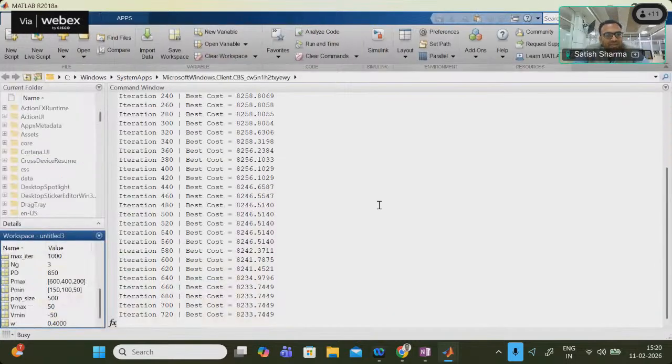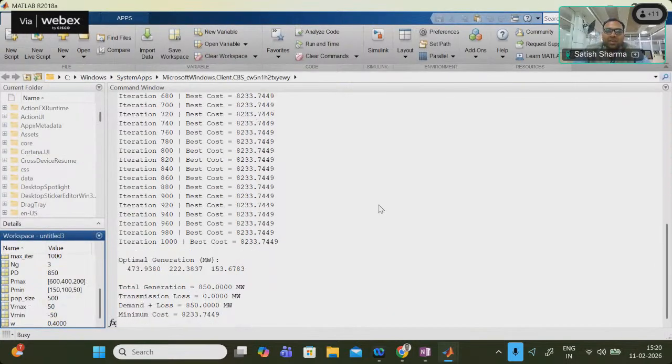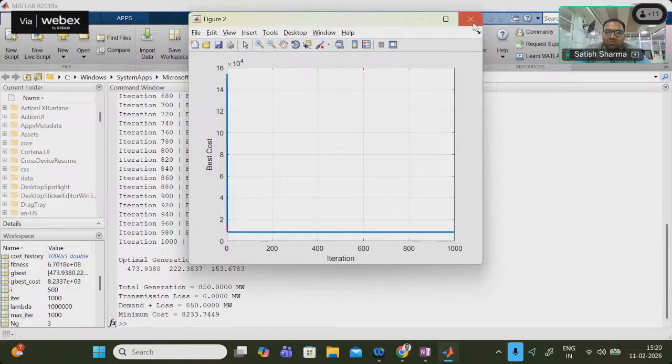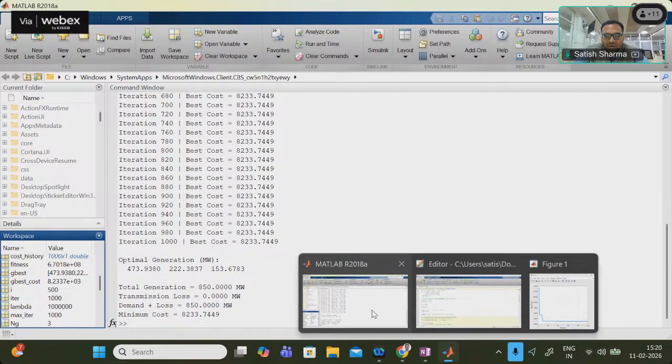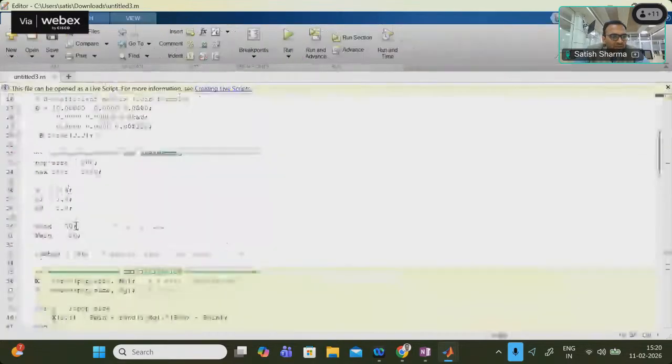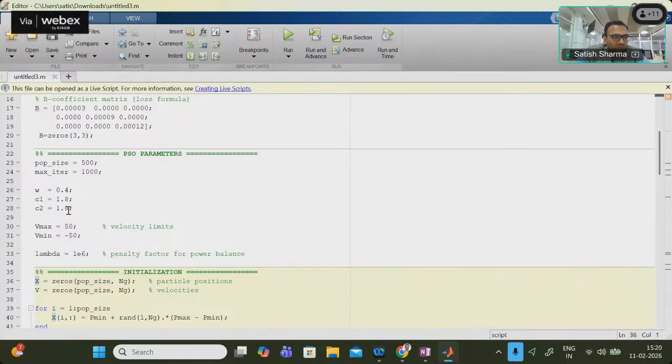If I get the correct answer this time, if the inertia on the initial velocity is very less, still the answer is very vague. So let's reduce this one. Let's say keep it 1.2 and then run it.